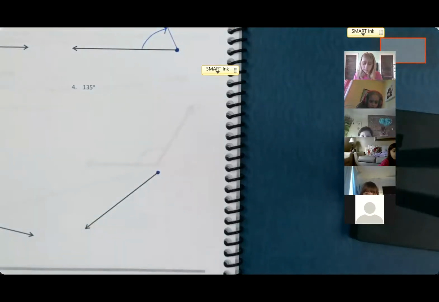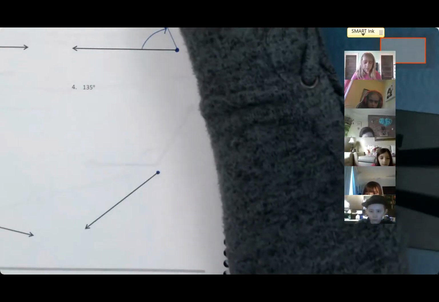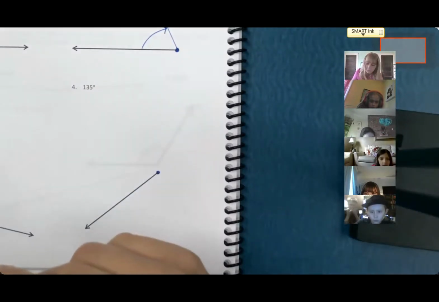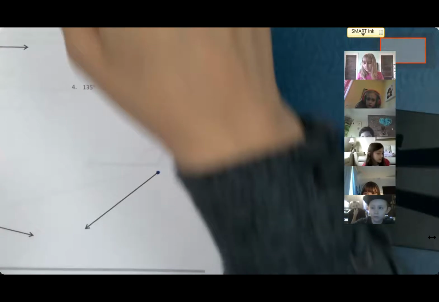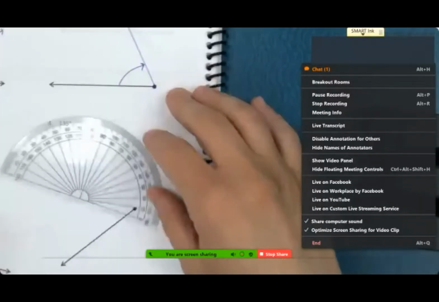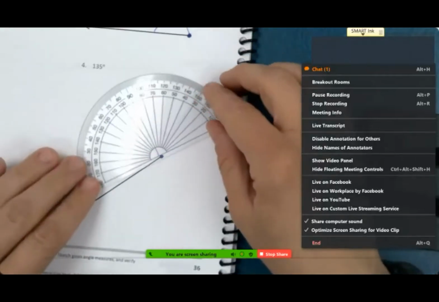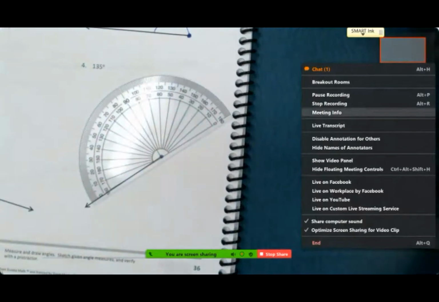Sarah, what should I do to draw this angle? You have to get your protractor, and put the middle part over the point. And you look for the 0.